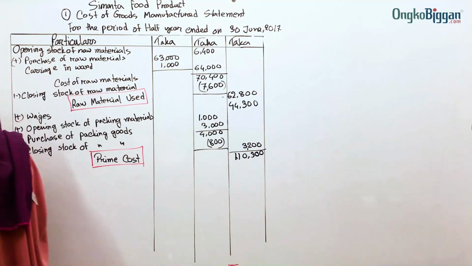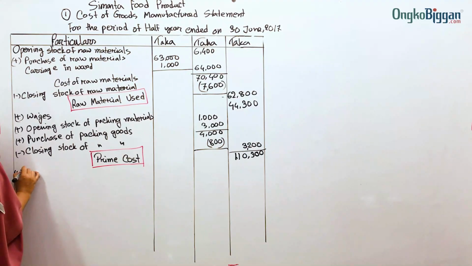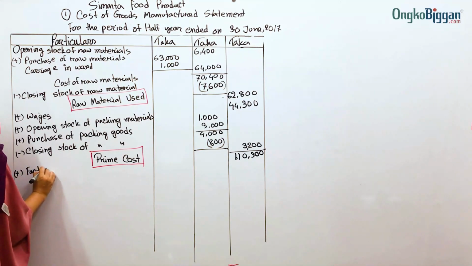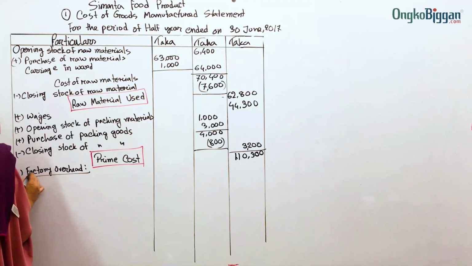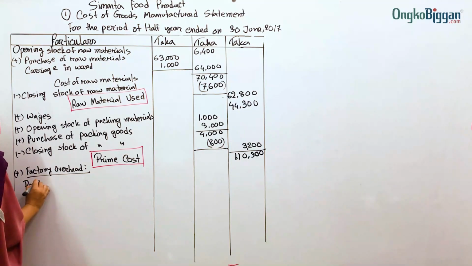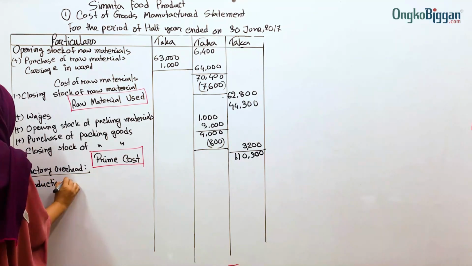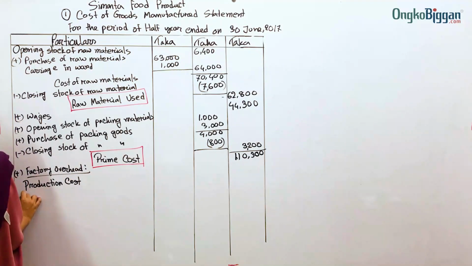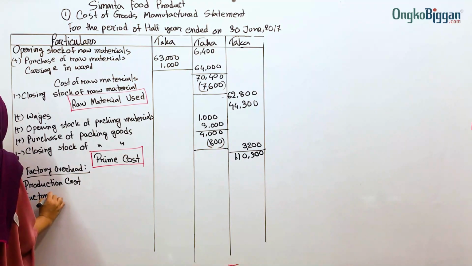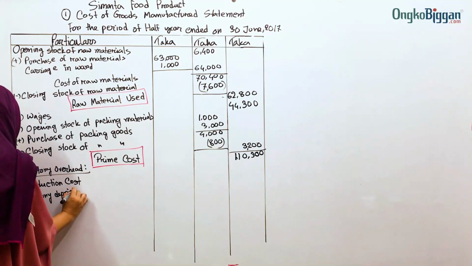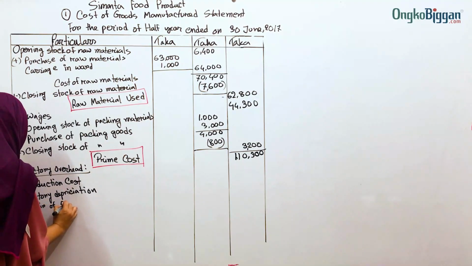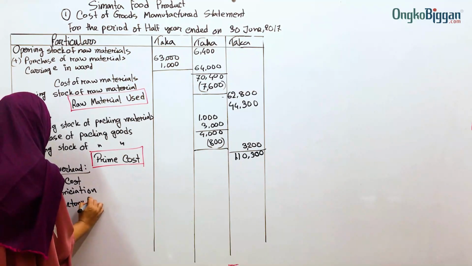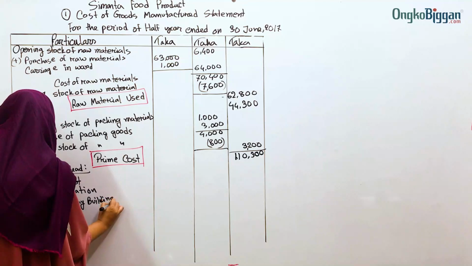We have to find out the production cost, and for that we have to add all the factory overhead. Okay. We have factory cost, factory depreciation, and repair of factory building.